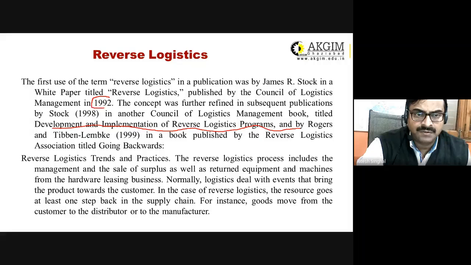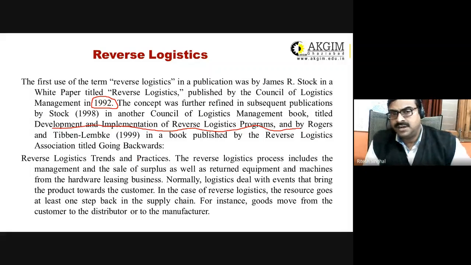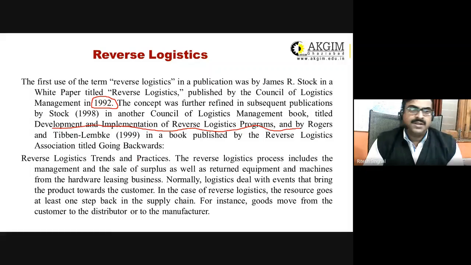After that, in 1998 there was one more amendment, and in 1999 people started talking about different kinds of advancement in this industry.